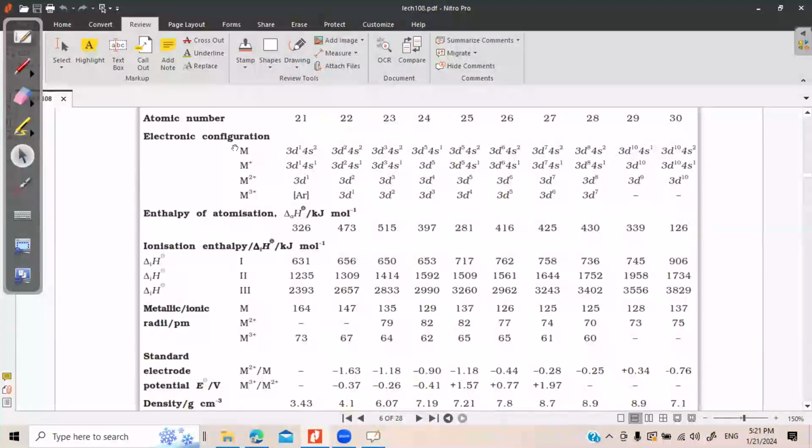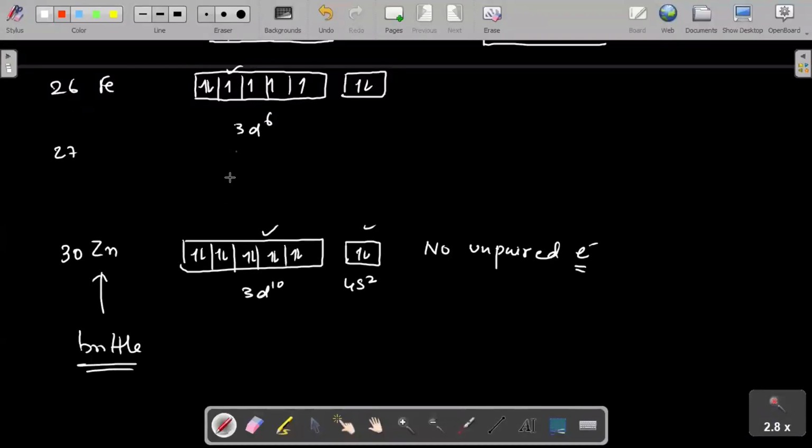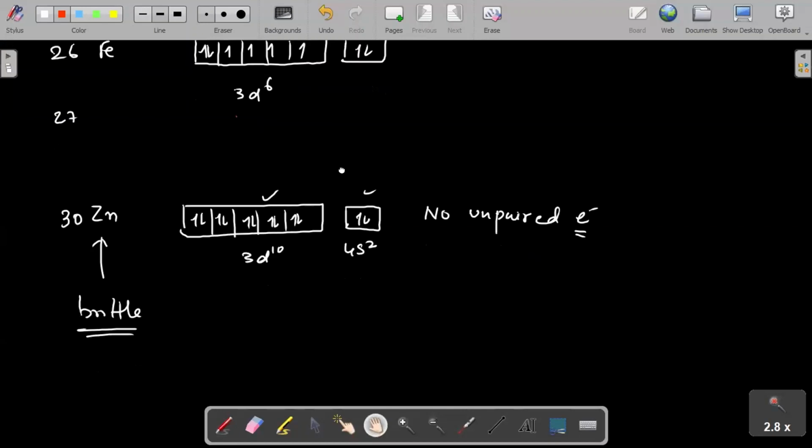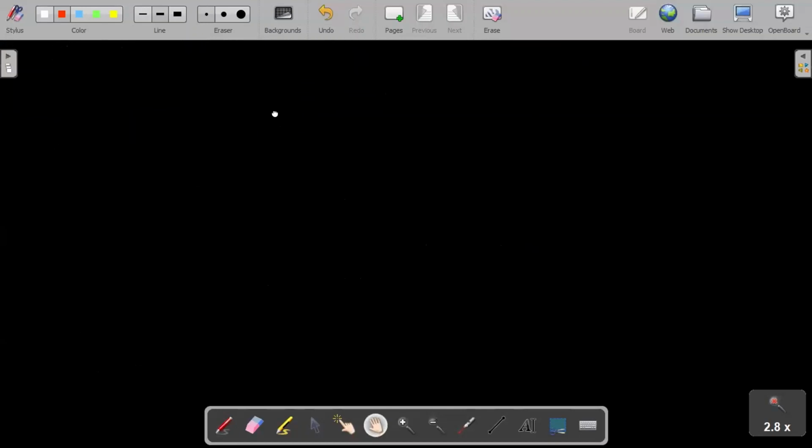So here we have the electronic configurations for M, M+2 and M+3. Now let us talk about how we get the metal ion. Let's talk about iron. Atomic number is 26.